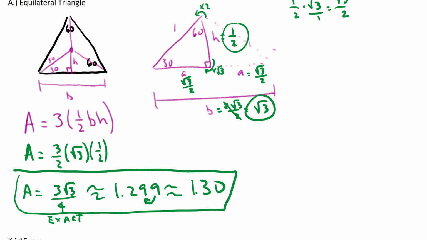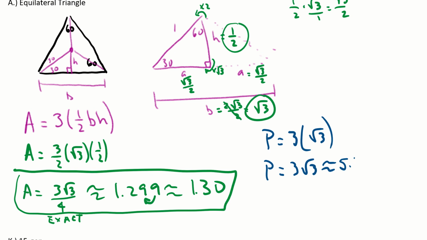and that is my area. Now the next thing they wanted us to do is the perimeter. I know the perimeter is going to equal 3 times b, and b is equal to root 3, so the perimeter is going to be 3 root 3, which is the exact answer, and the approximate answer is going to be 5.196.